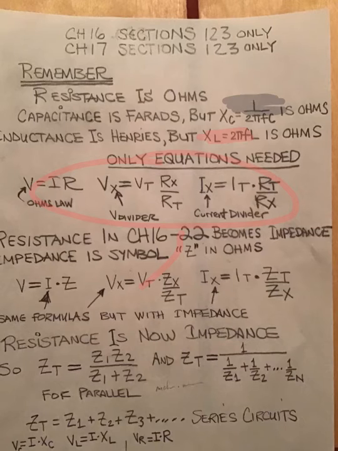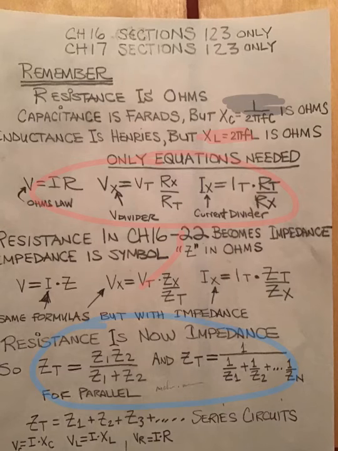If you take a look at the screen here in the blue, you'll see the impedances. Impedance is the resistance of a circuit that has capacitors, inductors, and resistors.